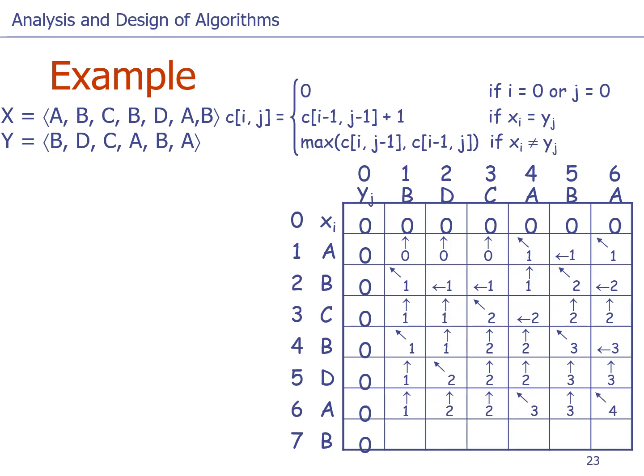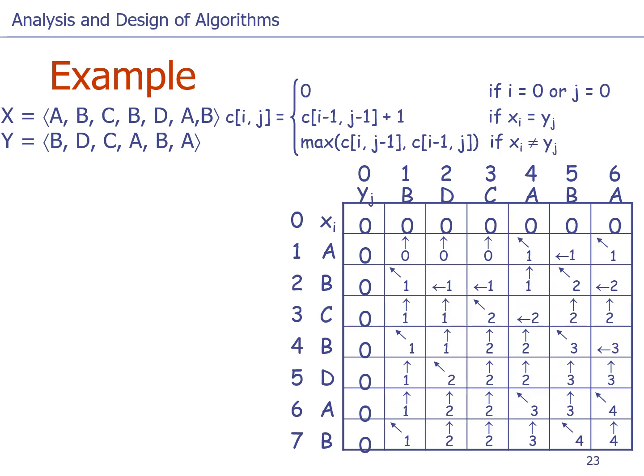Now we will keep doing this, and finally when we match the A with the A, where I have the sequence in X A, B, C, B, D, A, and the other sequence B, D, C, A, B, A, then I will get my final match. In the last row I will just be looking at values from the row above it, and the answer is in my last row in the rightmost cell. So I know that the count of the LCS is 4.